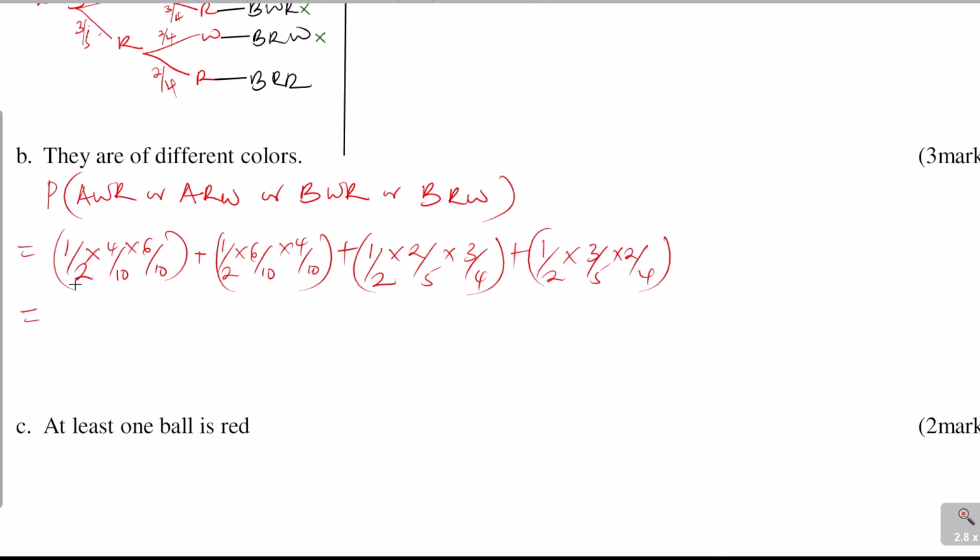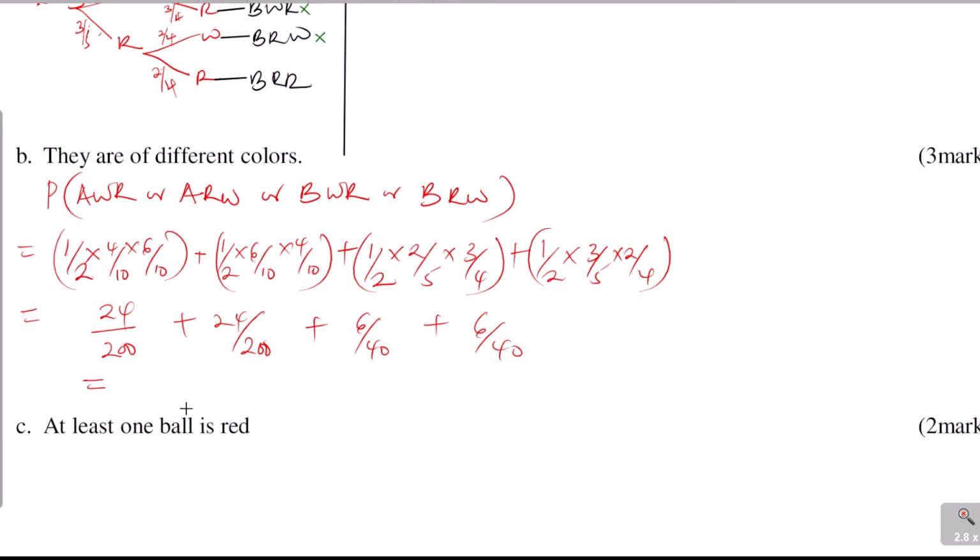You just compute. So a half times 4/10 times 6/10 gives 24/200. So this one will give the same, 24 divided by 200. And then the next one, when you simplify these, will give 6/40, and also this one will give 6/40.